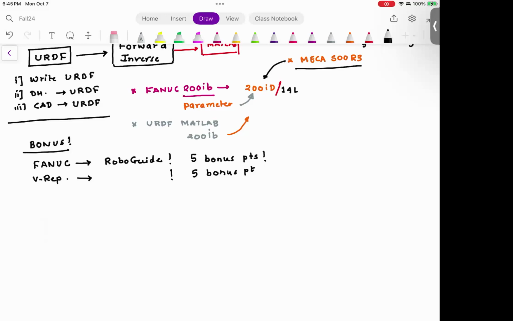Then we looked at static force analysis. Static force analysis is: if you have a robot that is supporting a payload, how much joint torque is needed so that the payload is supported. If the robot is moving very, very slowly, static force analysis works just fine.